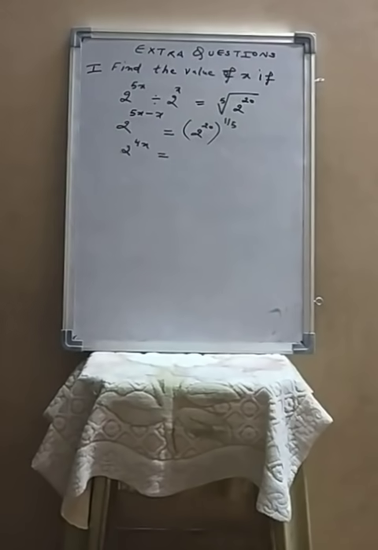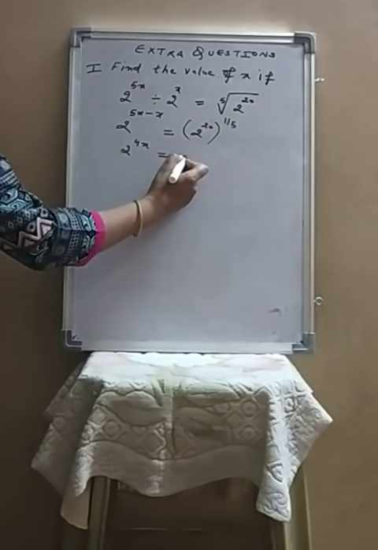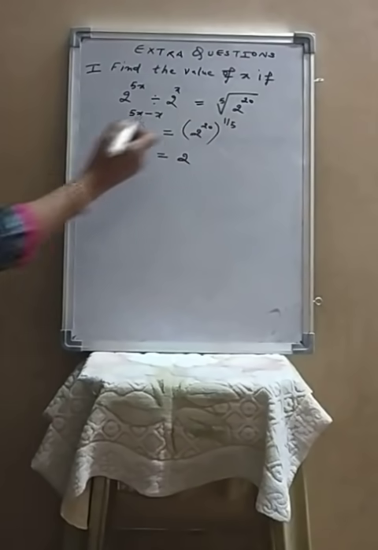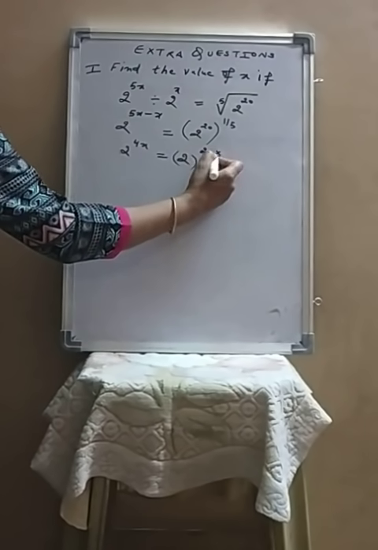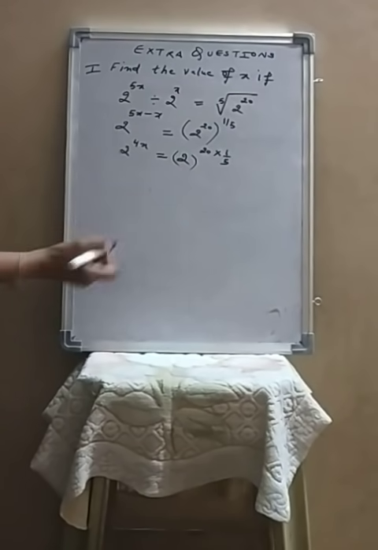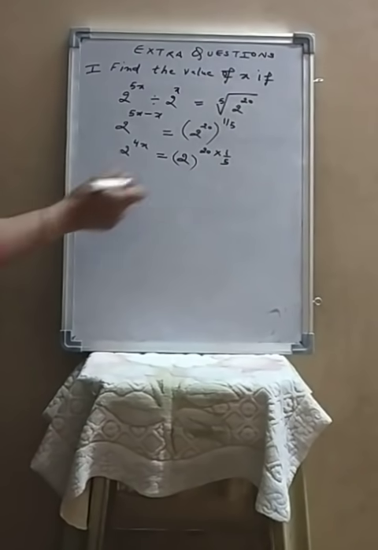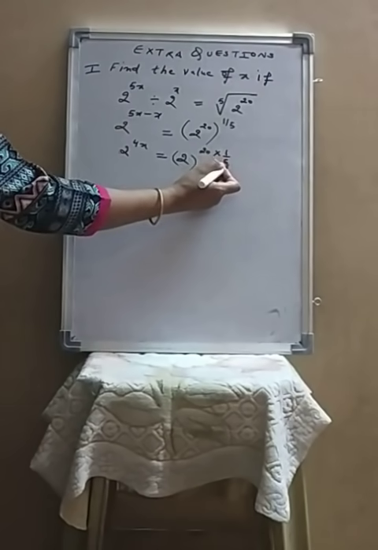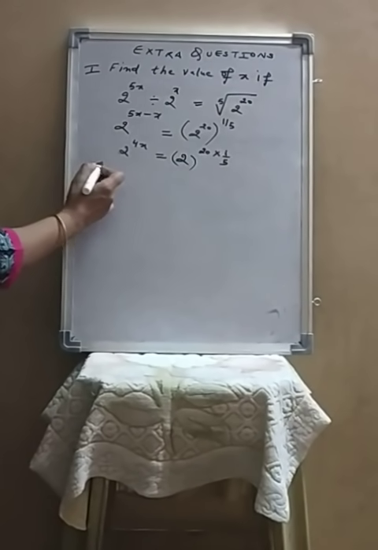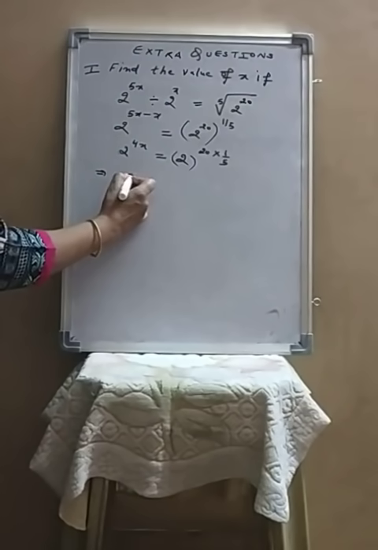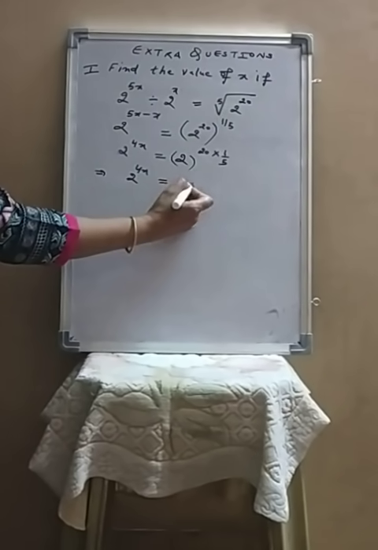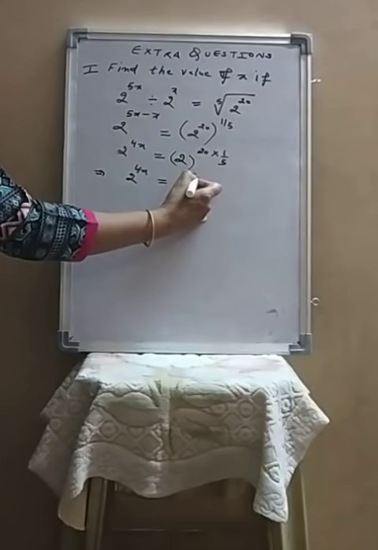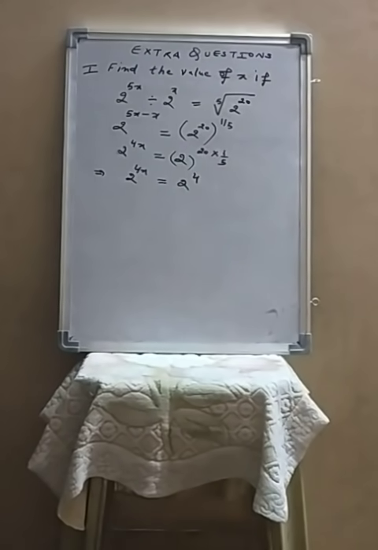Now again we can apply a law here, which is your third law, because there are two different powers. So what I can do? I can multiply those powers. So 20 multiplied by 1 by 5. On cancelling it, I will get 5 into 4, 20. So let us write it in the next step. 2 raised to the power 4x is equal to 2 raised to the power 4. Now, as the bases are same, we can equate powers.